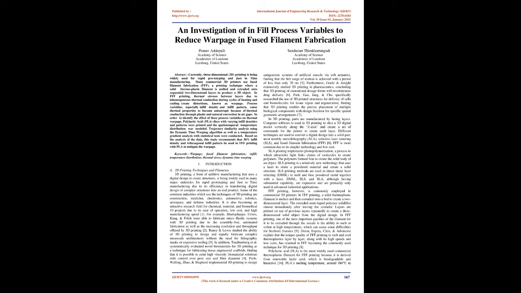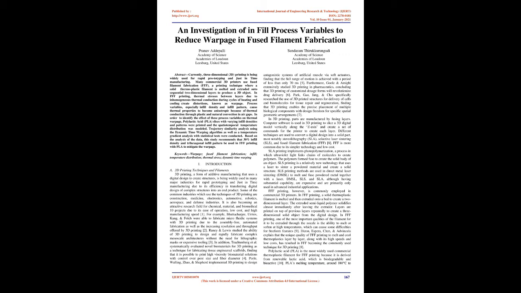4. Peel, Walling, Zhao, and Shepard implemented 3D printing to design antagonistic systems of artificial muscle via soft actuators, finding that the full range of motion is achieved with a period of less than only 70 milliseconds. 5. Furthermore, Gould and MIT extensively studied 3D printing in pharmaceutics, concluding that 3D printing of customized dosage forms will revolutionize drug delivery. 6.